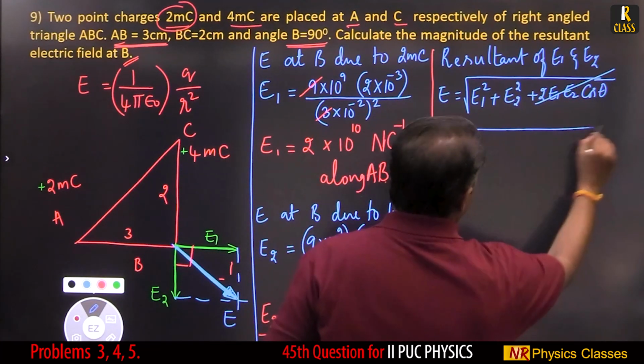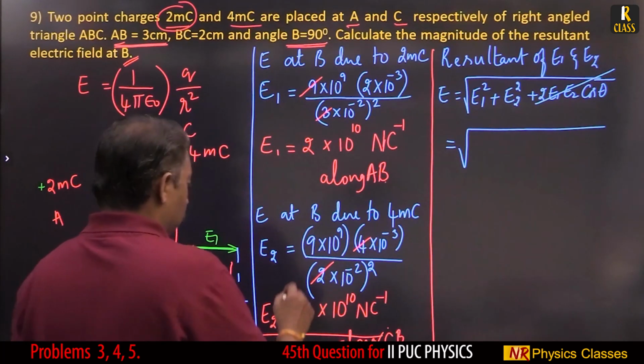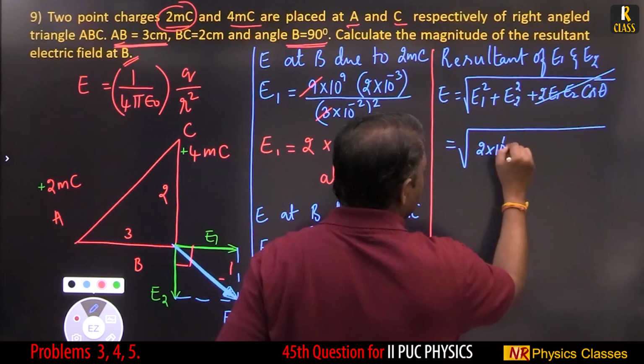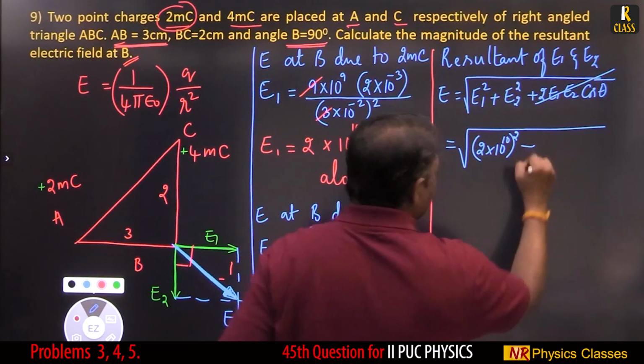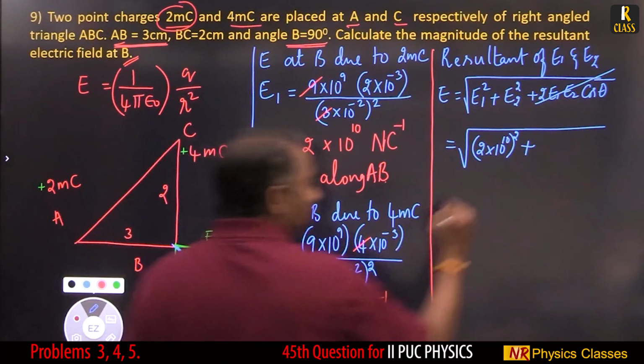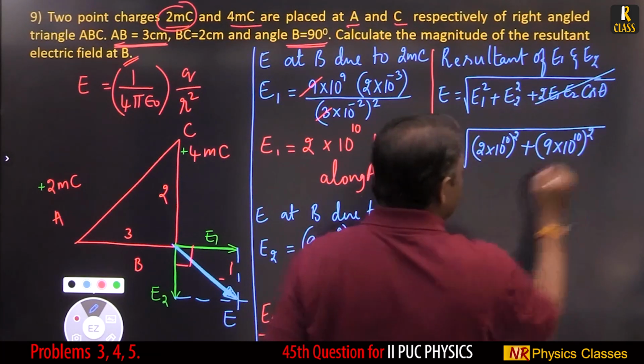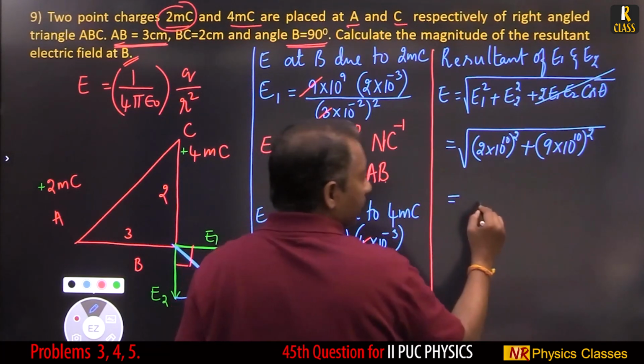Root of 2 into 10 to the power of 10 whole square plus 9 into 10 to the power of 10 whole square. 10 to the power of 10 is a common factor.